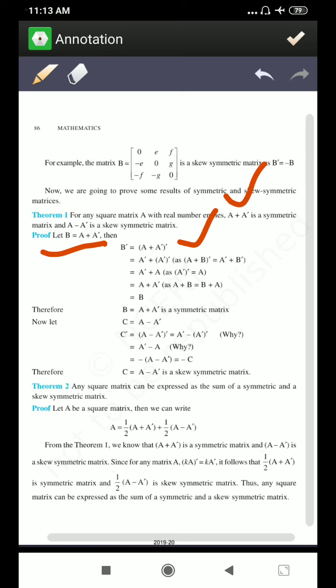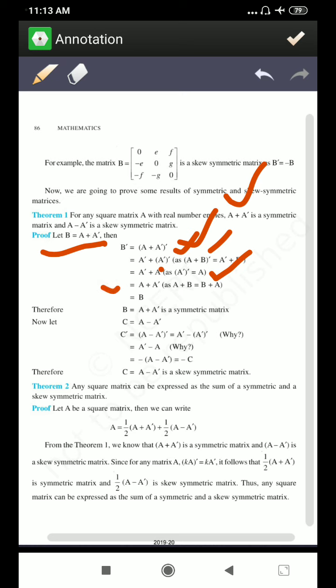Now we'll use the property that the transpose of A plus B is A transpose plus B transpose. So it will be equal to the transpose of this plus the transpose of this. Over here it is a double transpose, A transpose whole transpose. That property we have already used, A transpose whole transpose is A only. So now it is A plus A transpose only.